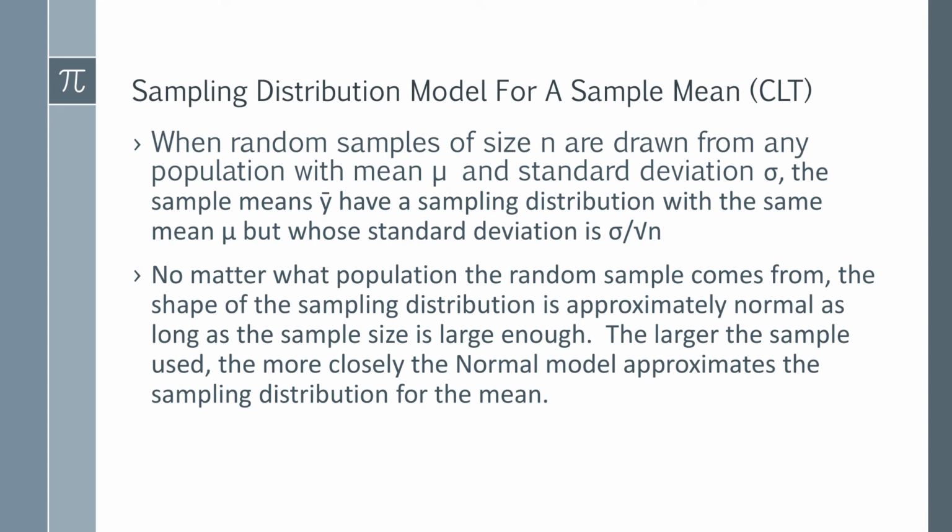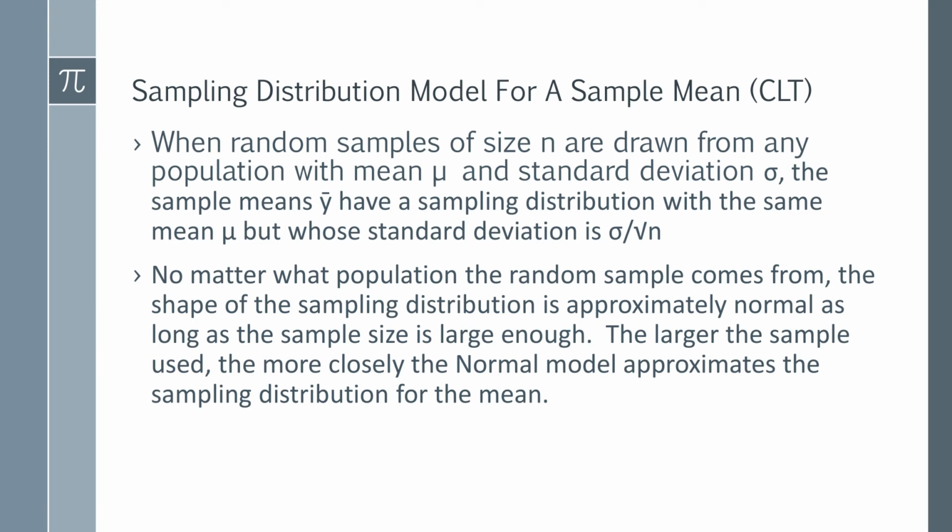The sampling distribution model for a sample mean. When random samples of size n are drawn from any population with mean mu and standard deviation sigma, the sample means y bar have a sampling distribution with the same mean mu, but whose standard deviation is sigma divided by the square root of n.